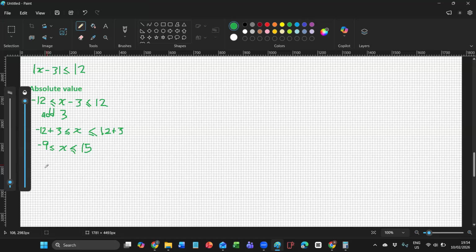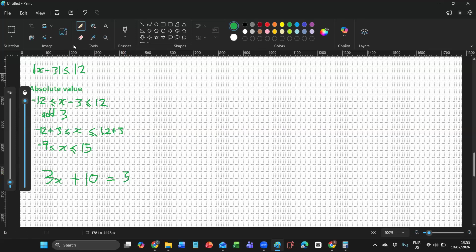So if you are going to solve this equation, tell me what you would do. 3x plus 10 equals 37.